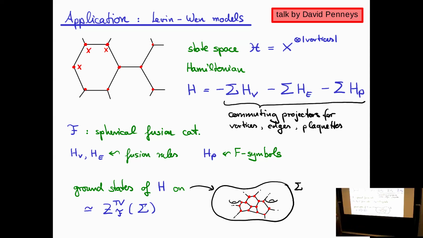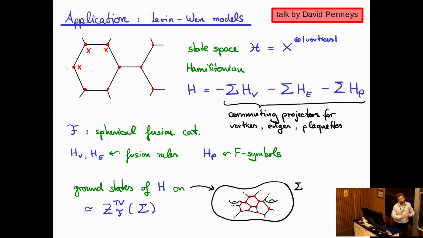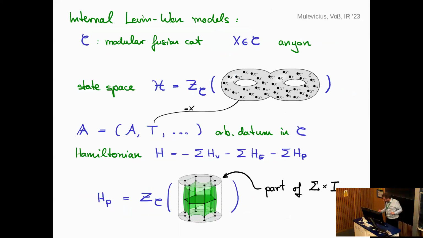So Levin-Wen models give access to certain topological phases, and these are the topological phases which are described by Drinfeld centers. I want to use the orbifold construction to give an internal version of that. So what do we do now?